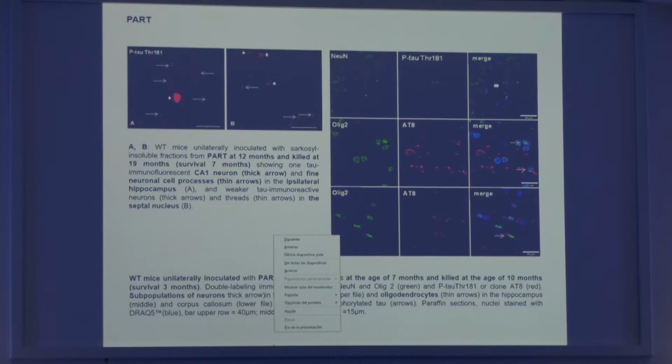So indicating differences between what we observe following 3 months and what we observe following 6 months. And using double labeling immunohistochemistry, we show that there are neurons and mainly oligodendroglial cells. And this is a very important point because, as referred before, astrocytes and oligodendrocytes are in some way forgotten in the context of neurodegenerative diseases.